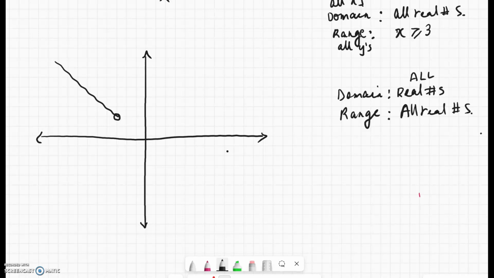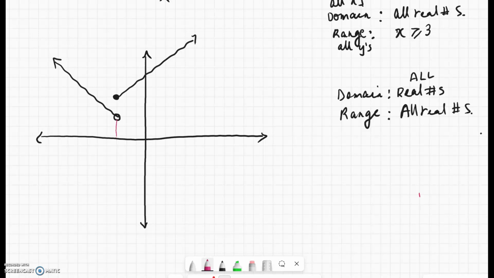There's a hole here and a dot there, and it continues that way forever. So think about it. Is this a function? The answer is yes. Every x has exactly one y.